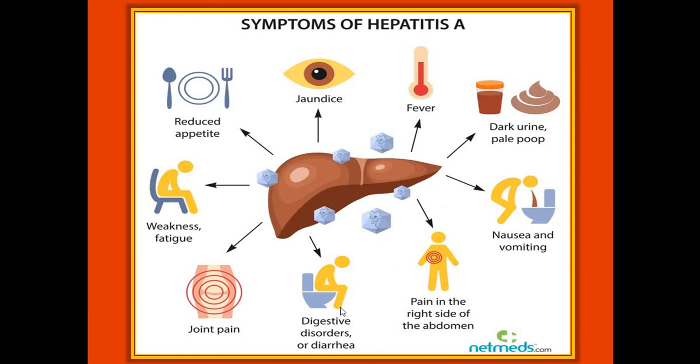That's why we say it is like gastroenteritis. And it may present with weakness and fatigue, jaundice, dark urine and pale stool, and it may cause joint pain.